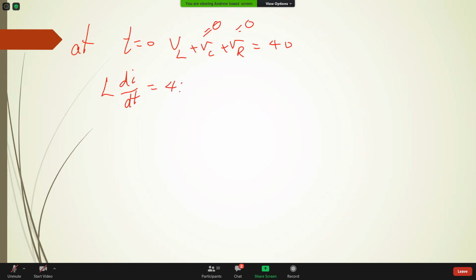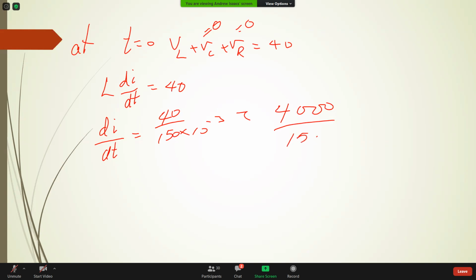So L di/dt is equal to 40. So di/dt is equal to 40 over L, and L was 150 times 10 to the minus 3. So that gives me 4,000 over 150.